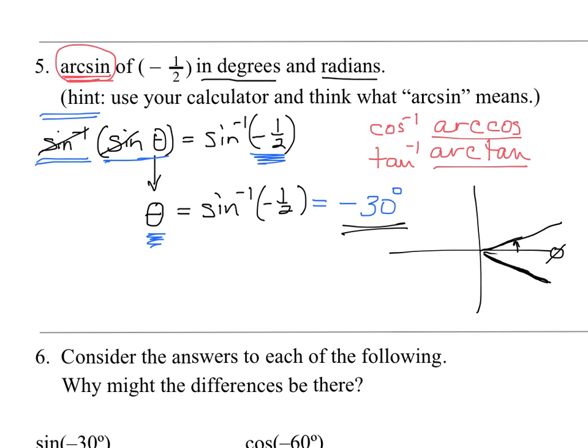All right, so -30 degrees, and we're trying to get the idea of what the arcsine of -1/2 is in radians. If I want to turn this into radians, I could see that going from 0 backwards would be -180 degrees or -pi. Well, this mark right here is halfway, so -pi halves.